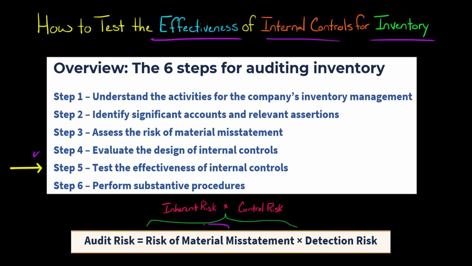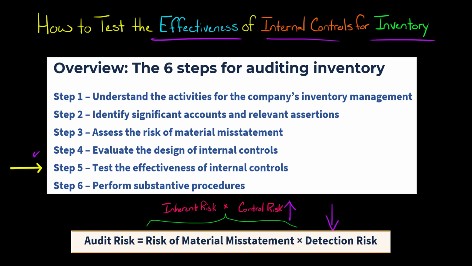So when it comes to the risk of material misstatement, remember that it is a function of inherent risk and control risk. In other words, the higher control risk is, the more the auditor is going to need to decrease detection risk, which is under the auditor's control, in order to keep audit risk at an acceptable level.